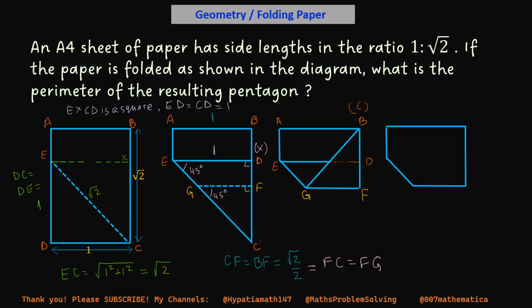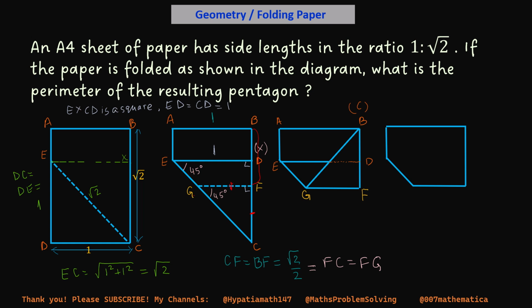Okay, so that is my explanation for saying that CF equals BF equals FC equals FG, and that equals root 2 out of 2. So in other words, what I'm saying is CF is equal to BF, and that is equal to FC, which is CF, same is equal to FG.